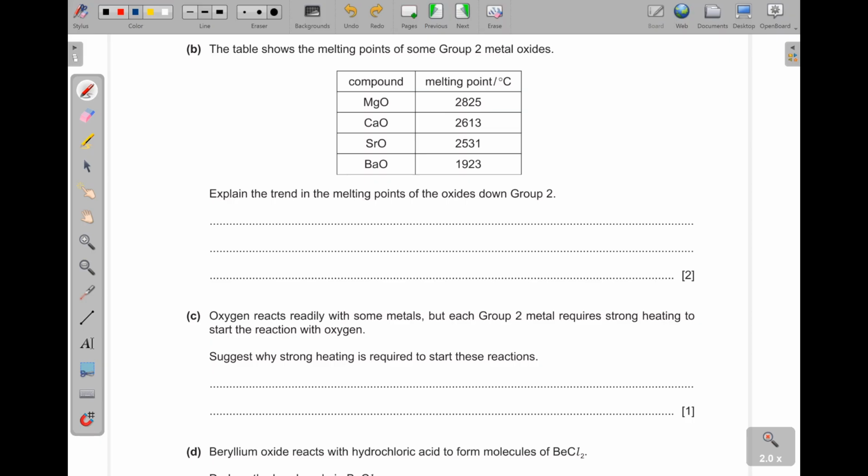But then let's look at the bonding in there. What is that attraction? So as you go down the group, first of all, the size of these cations increase.